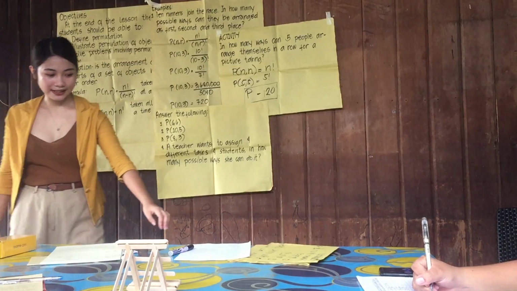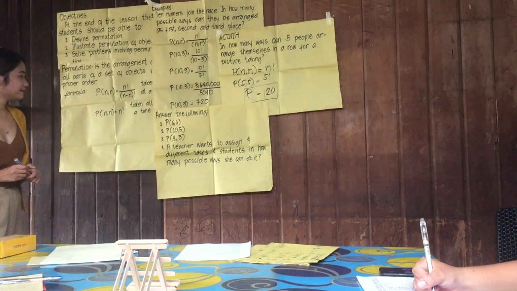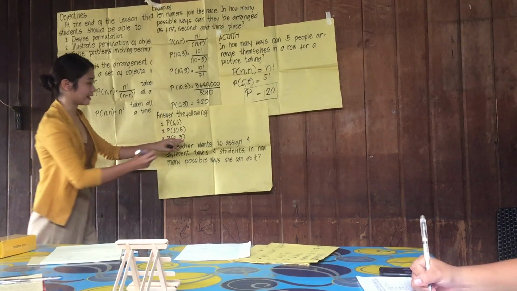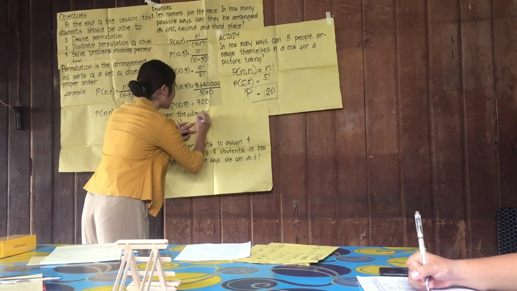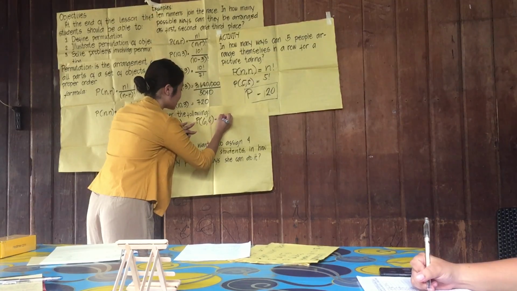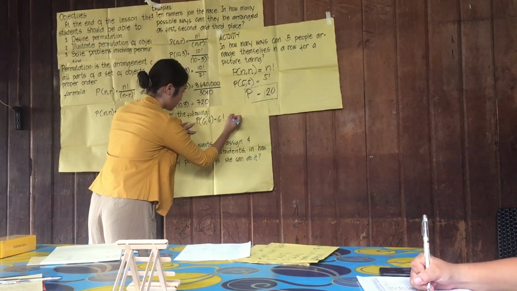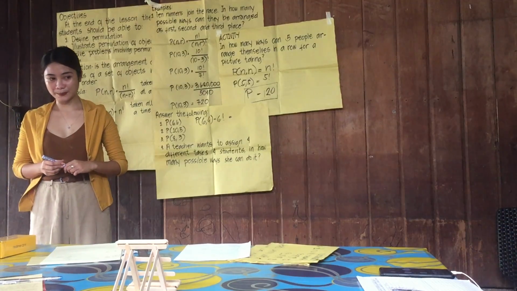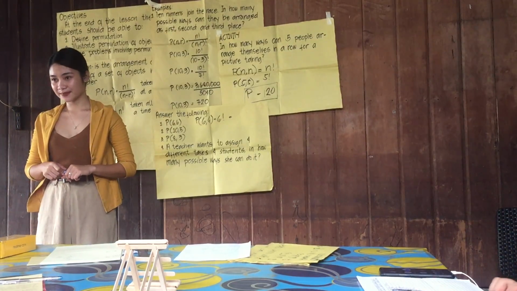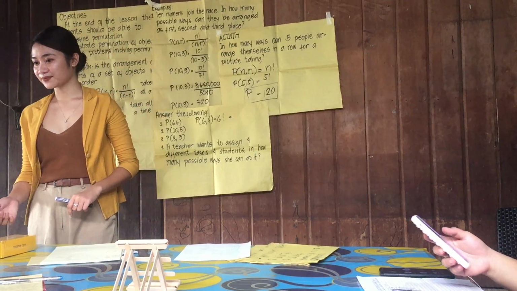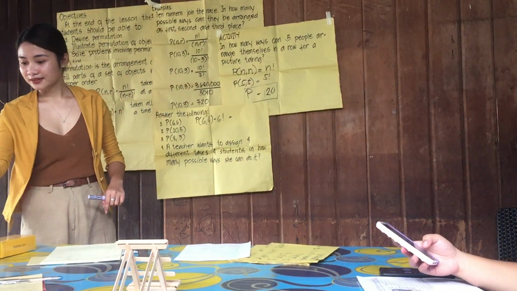Are you ready? Yes, ma'am. First, we have P(6,6), which is 6 factorial. What is the answer? You can use your phone. Can I borrow your phone?